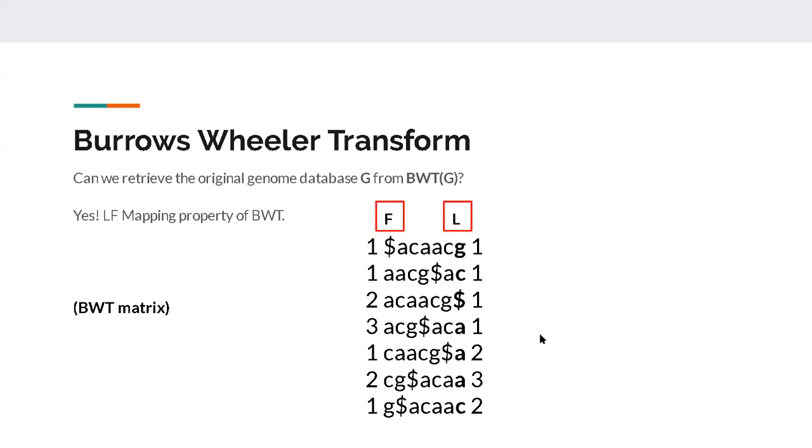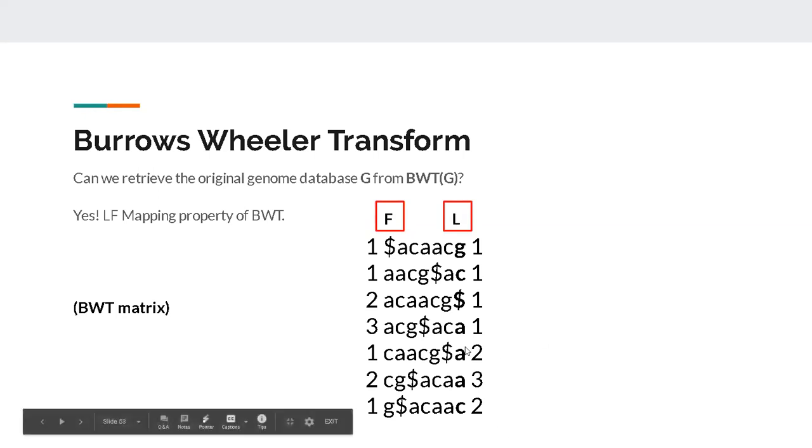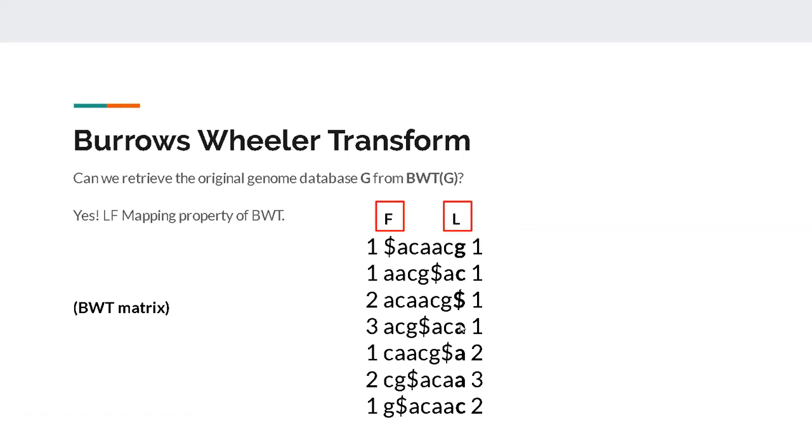Because you had done circular permutations is exactly the reason you will get this property of LF mapping, where you will be able to conserve these positions and you will get the same ranks for a given set of nucleotides. So just remember this property because this is what we are going to take advantage of in doing the alignments and so on.